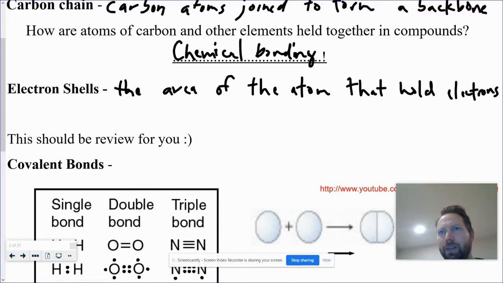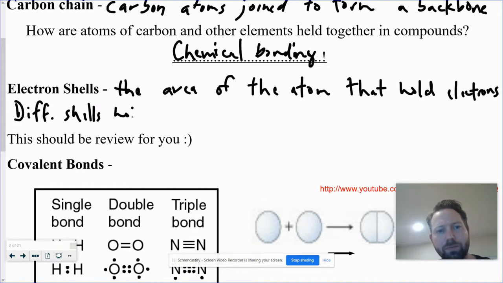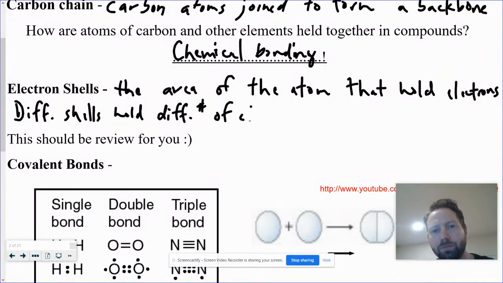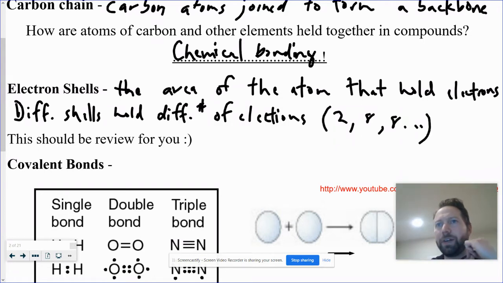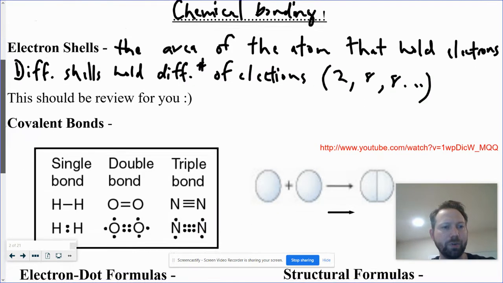Different shells hold different numbers of electrons. If you recall, the 2, 8, 8. All right, example here. Again, this should be somewhat review.